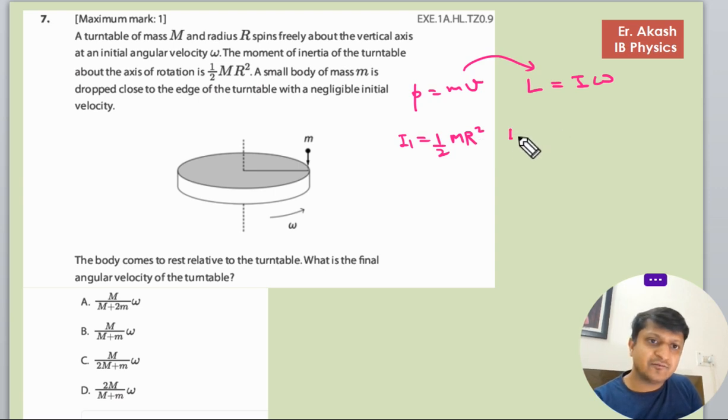So inertia I1 is half Mr squared. We will not write L here, we will just do it directly.